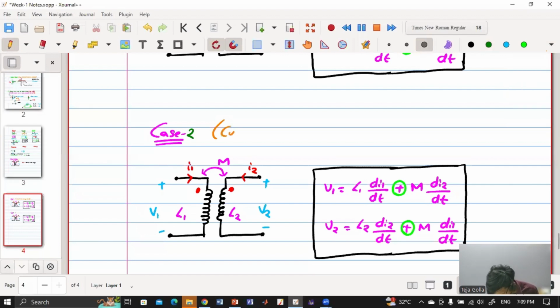So case 2, one current is entering the dot, and the other one is leaving the dot.